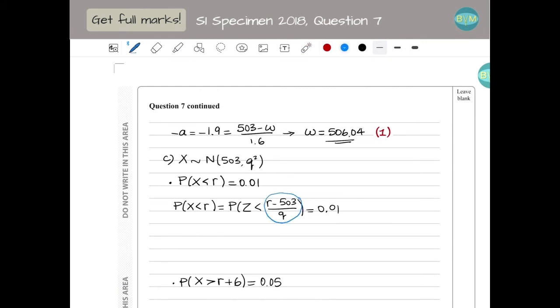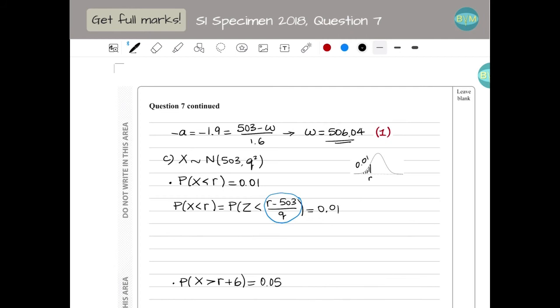Be careful here, because that's a common mistake, I would warn you. Let me show you the normal distribution again. We have an area that is 0.01. So the probability of x being smaller than r is this one, 0.01.